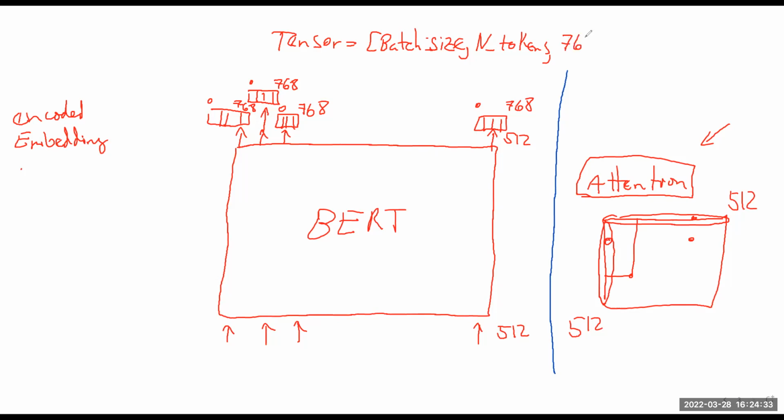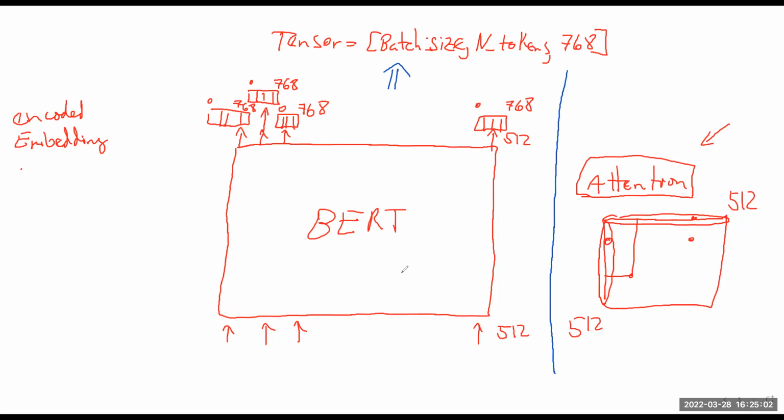That's the dimension that you get. So for every sentence or every token that you give it, you get this batch size, tokens, 768. So that's the tensor that you get as an output, and the input is the same thing, batch size and tokens that you provide, but they're not embedded at this time. They're just kind of like blank.